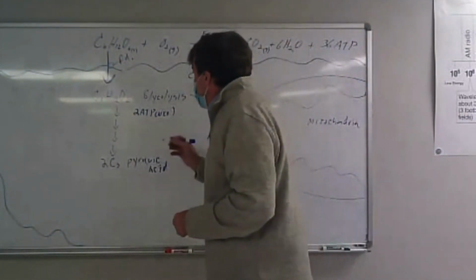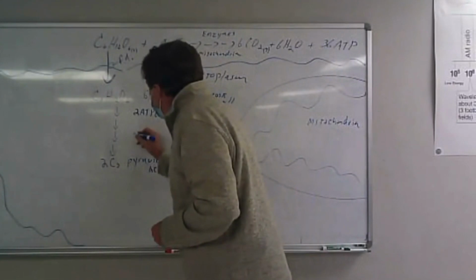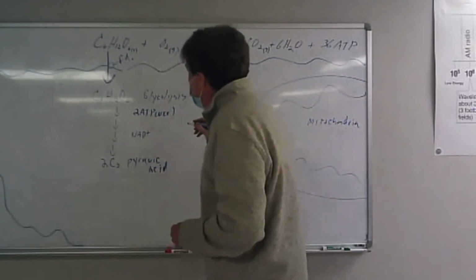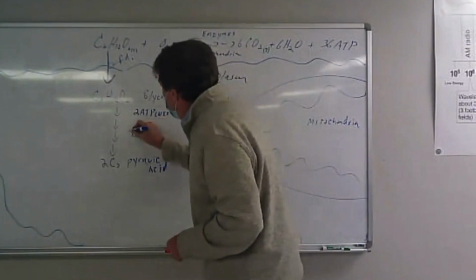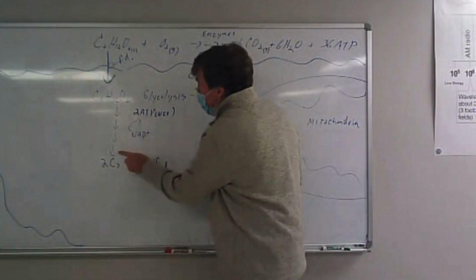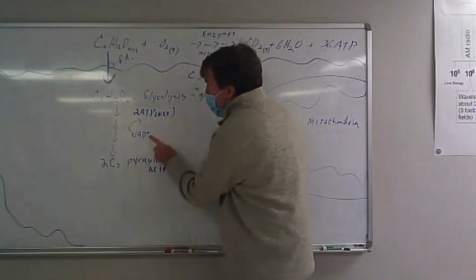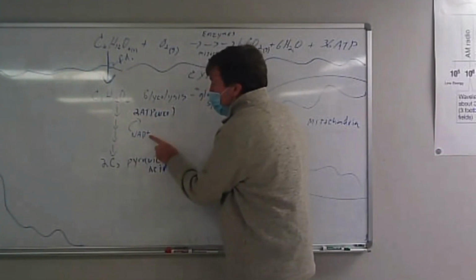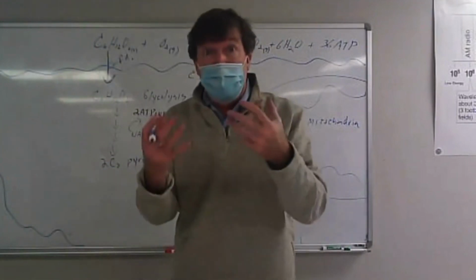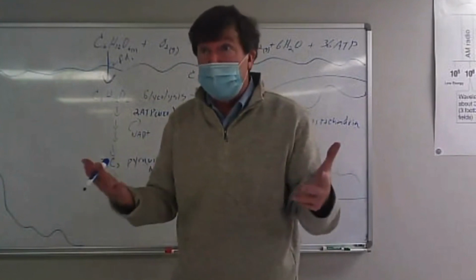Next, we also are going to get a situation where NAD positive is going to grab high energy electrons from these intermediate molecules. Notice electrons are negative and that's positive, so it's fairly easy to grab electrons if you have a positive charge, because opposites attract.